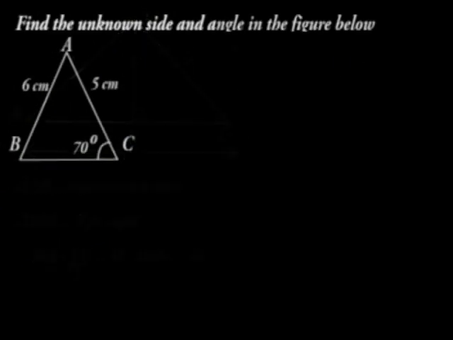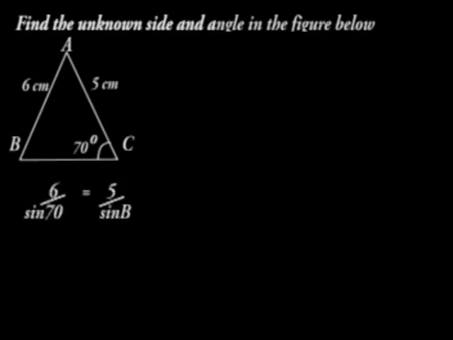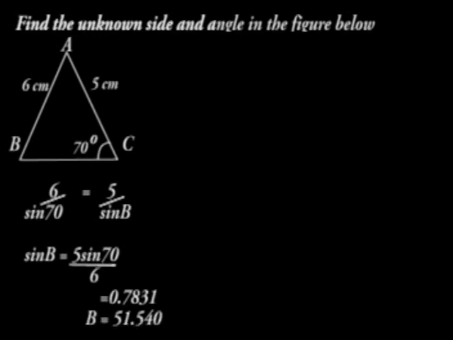Example 1. Find the side and angles in the figure below. In our solution, applying the sine rule, 6 over sin 70 is equal to 5 over sin B, and we have sin B is equal to 0.781, and therefore B is 51.54 degrees.